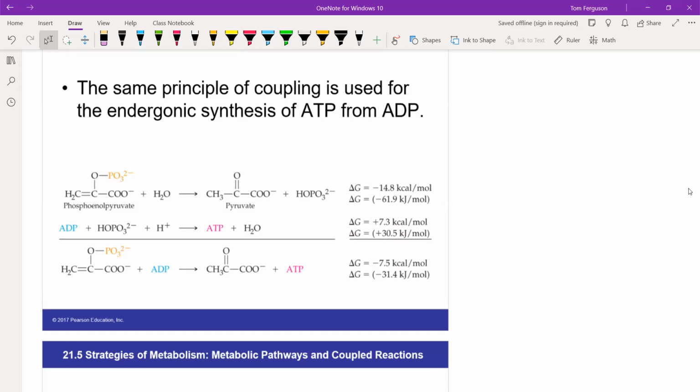Same thing here. We need to have a net negative delta G for this to work. So when we're creating ATP from ADP, it requires a fair chunk of energy.